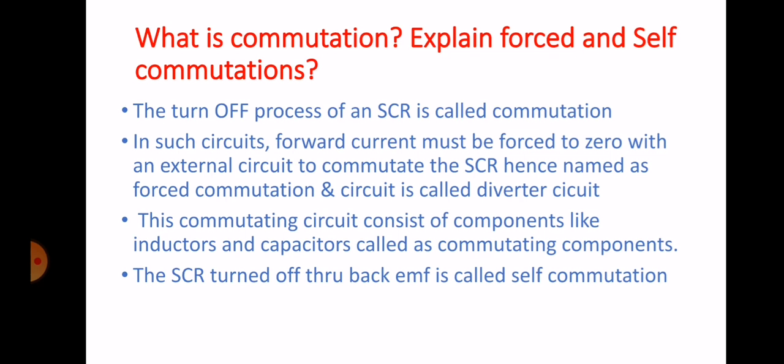We divert the load from the inverter to the diverter circuit, then the SCR incoming supply becomes zero and the SCRs are turned off. This is called forced commutation, and this commutating circuit consists of components like inductors and capacitors, called commutating components. The components used in diverter circuits are called commutating components.